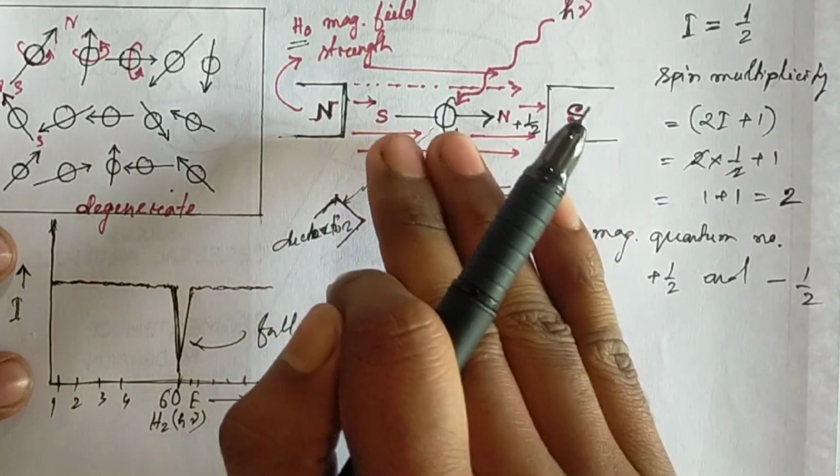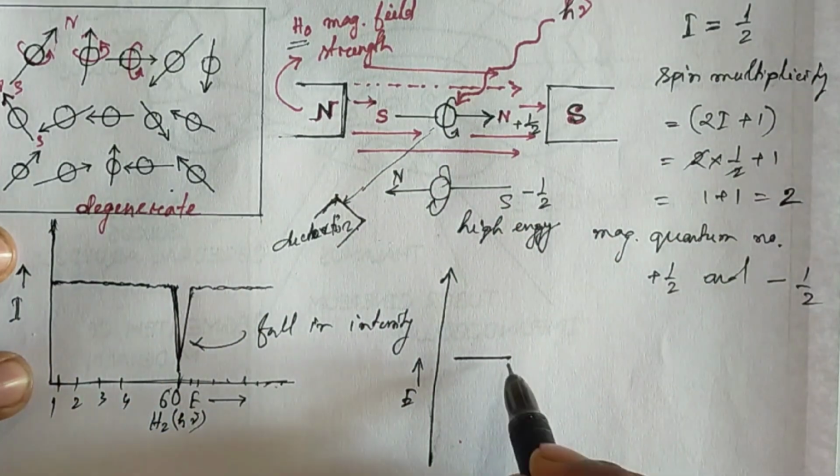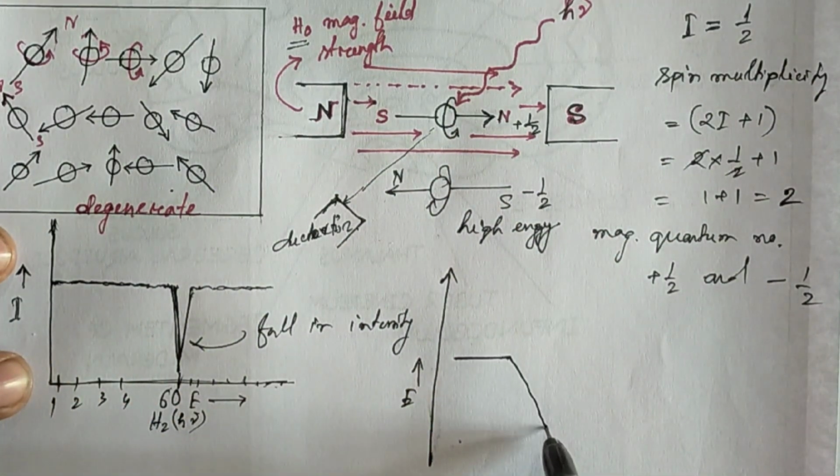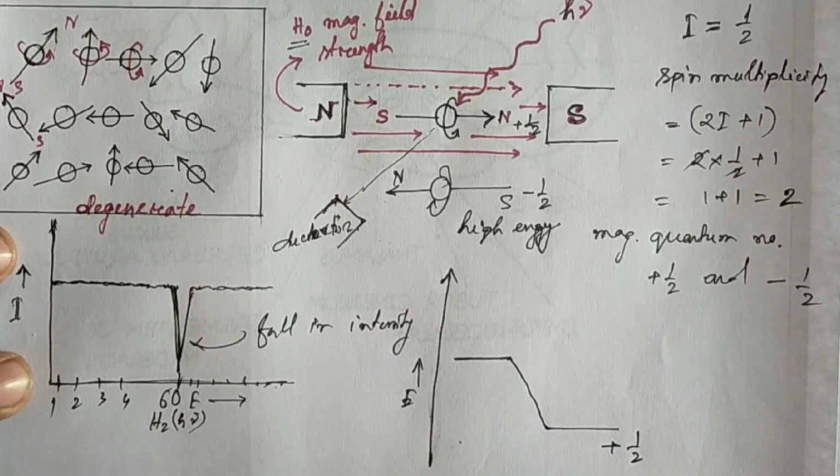In the stable state it will have low energy, and this energy will be somewhere here. So we will represent this low energy by plus half.